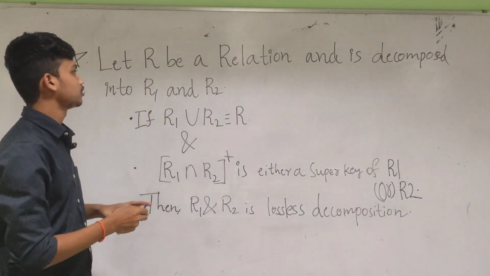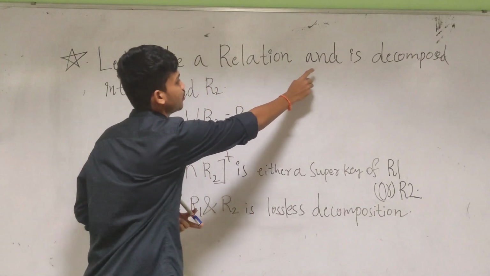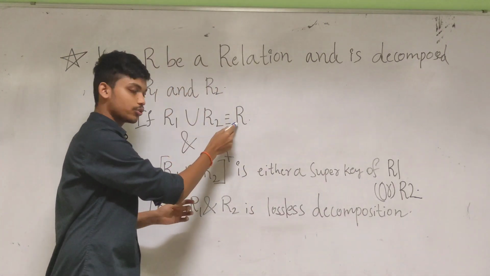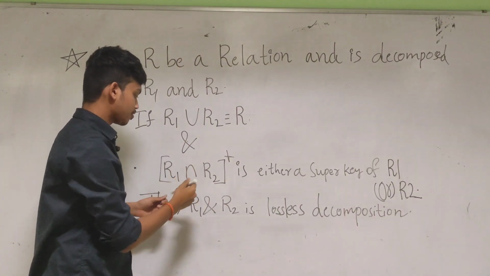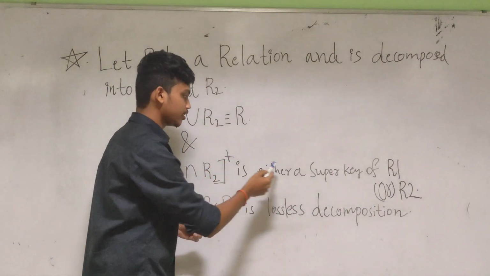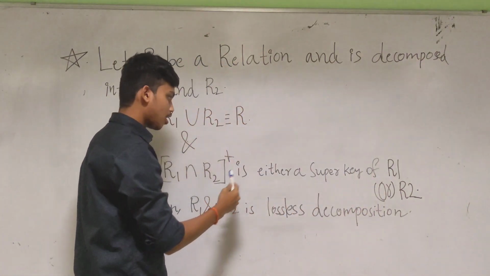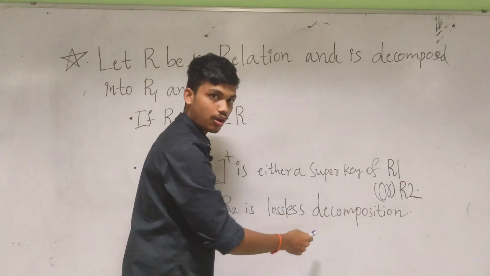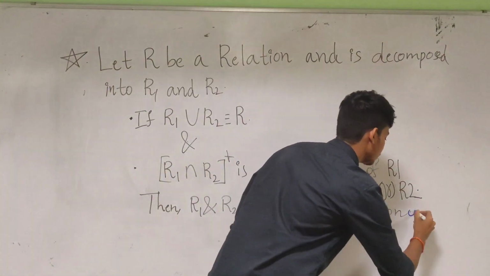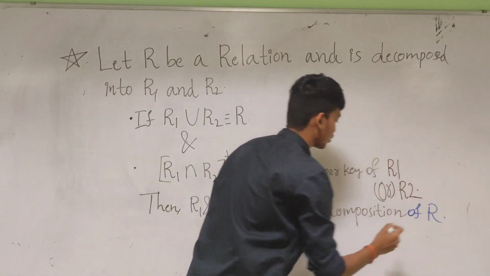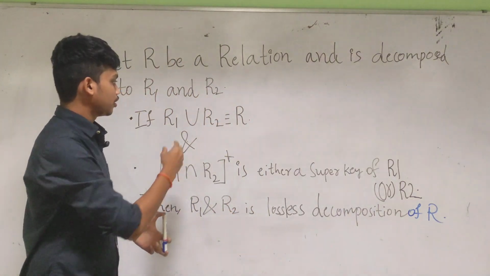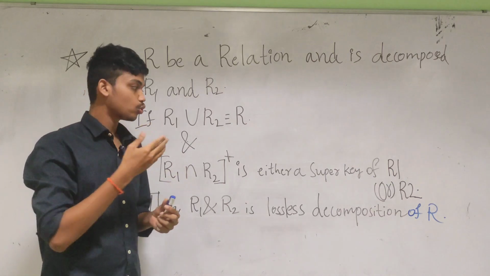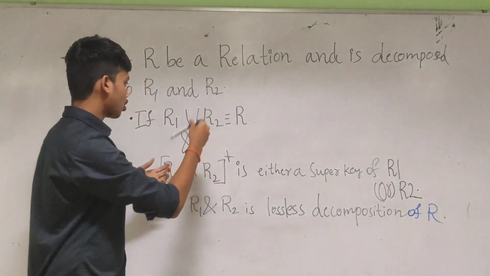Now take a look at this. Let R be a relation and decompose it to R1 and R2. If R1 union R2 is R and the closure of R1 intersection R2 is either a super key of R1 or a super key of R2, then R1 and R2 is a lossless decomposition of relation R. In the previous example we took a table with rows and columns.